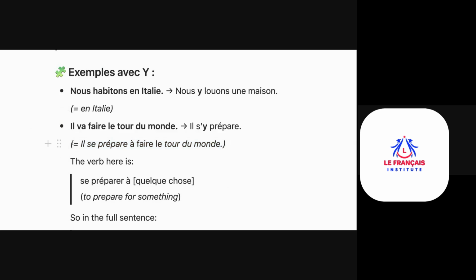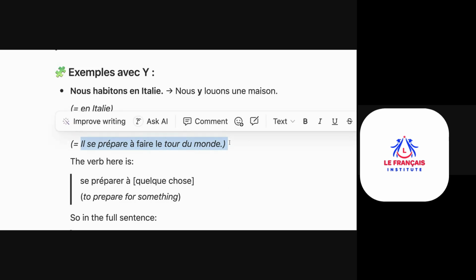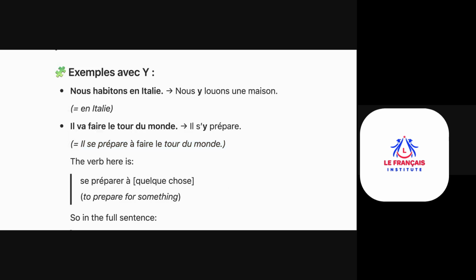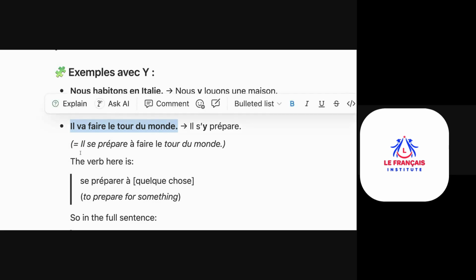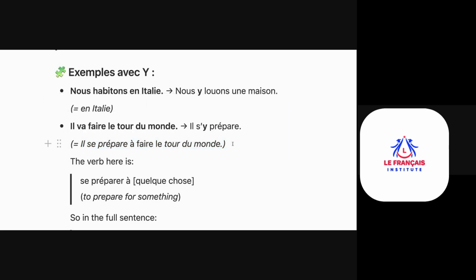He is preparing himself, this is reflexive, to do the world tour. Now, are these two sentences individually clear? Yes. So he will do a world tour. He is preparing himself to do the world tour.